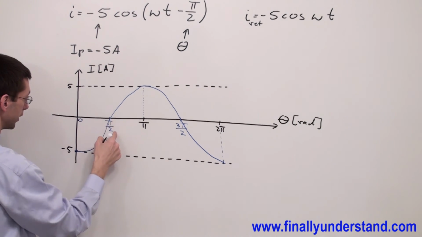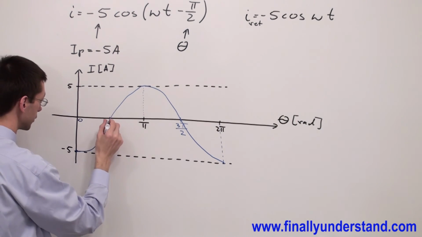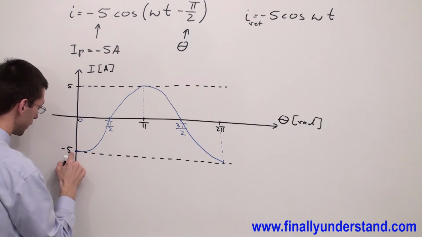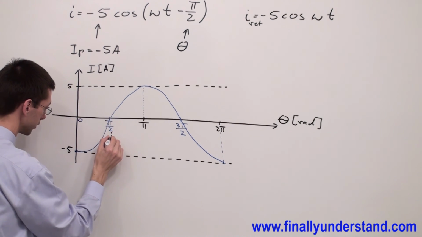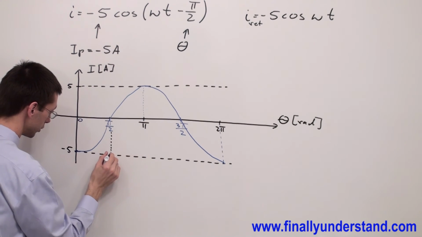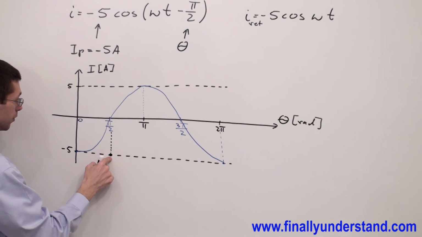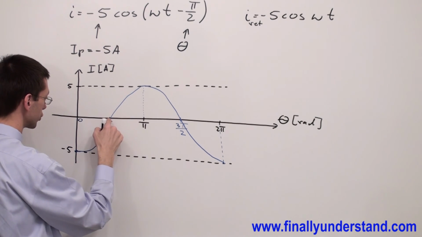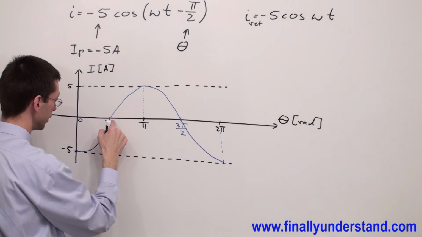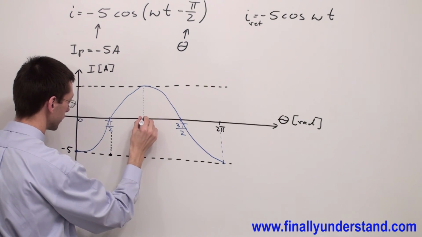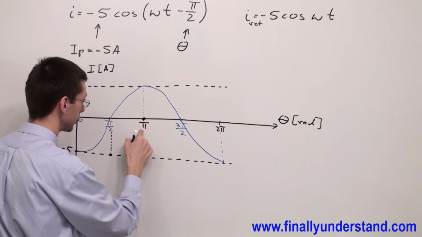So this is pi over 2. Means I have to move my negative peak to this point. My 0 crossing, positive going, is going to be moved to pi.